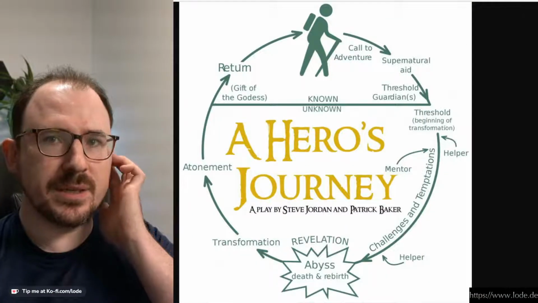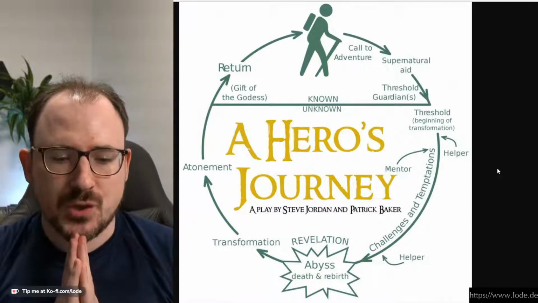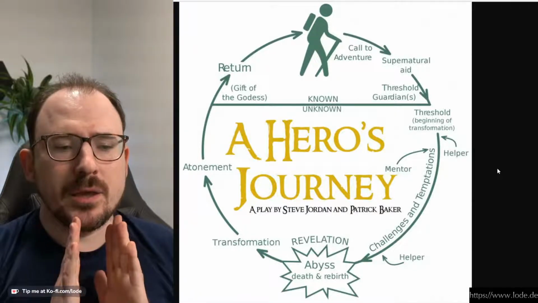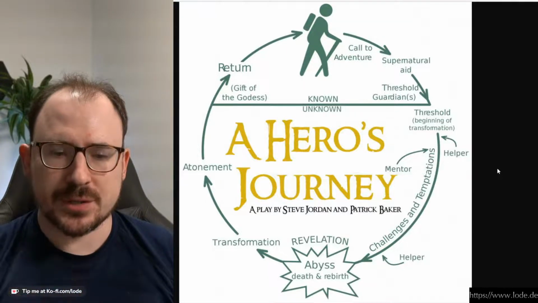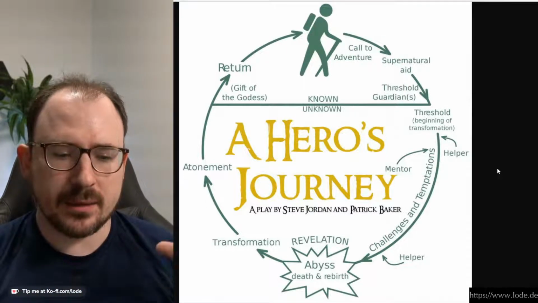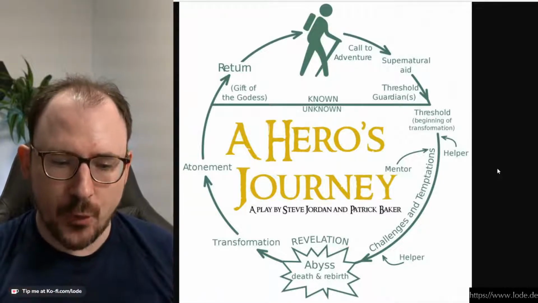Okay, so this is the hero's journey. The idea of the hero's journey is that your reader, your player, anyone you're in contact with starts at nothing. They are new to whatever world you're describing.